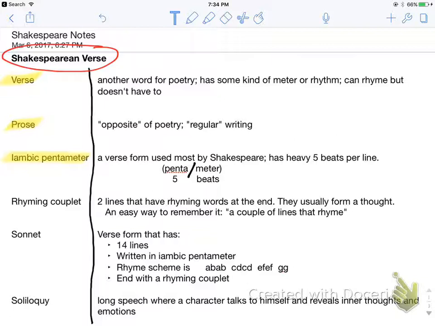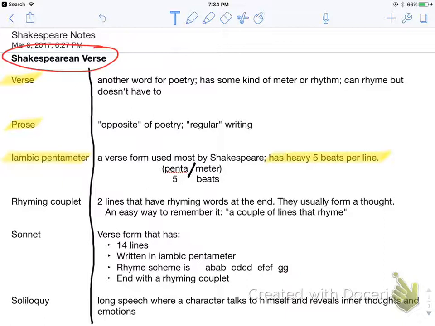And again, because it's poetry and it's a specific rhythm, you're going to hear this spoken by people who were usually more upper class. Now, we're going to talk about this a lot more later, but what you need to know about it is that iambic pentameter has 5 heavy beats per line. That won't make a lot of sense to you right now. You're going to have to trust me.